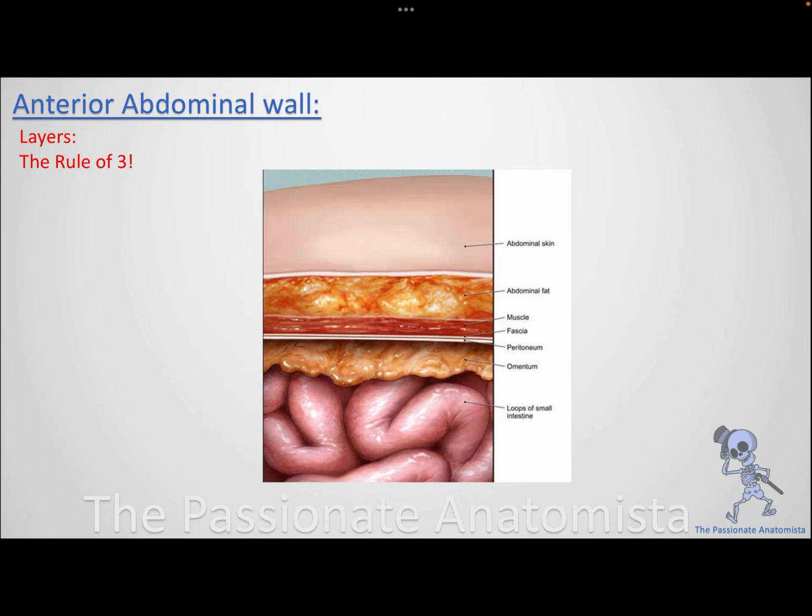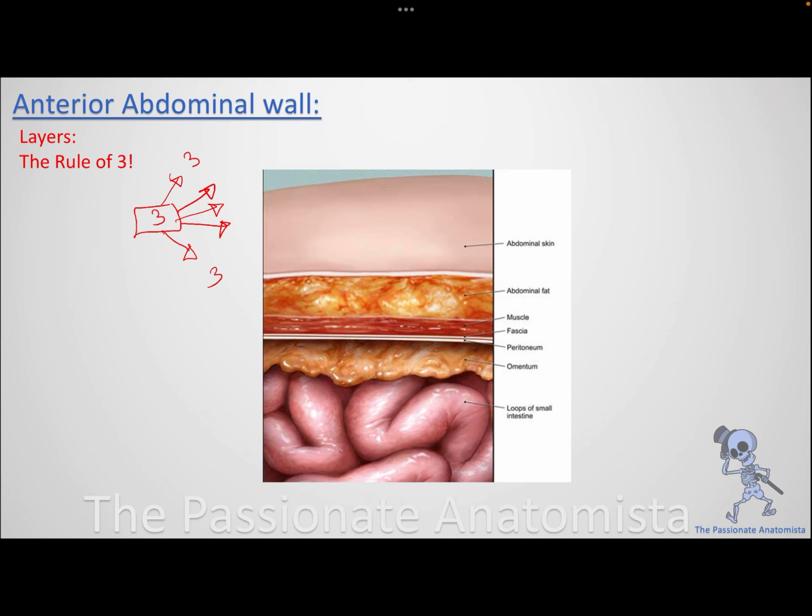Each one of them has its important organs. Now, what are the layers of the abdominal wall? In the abdominal wall, we have the rule of 3. Basically we have 3 structures covered by 3 structures and lined by 3 structures. The 3 structures in the middle are basically your muscles. In the abdomen we have 3 muscles, one external, one internal, and one innermost, which is the transversus abdominis.